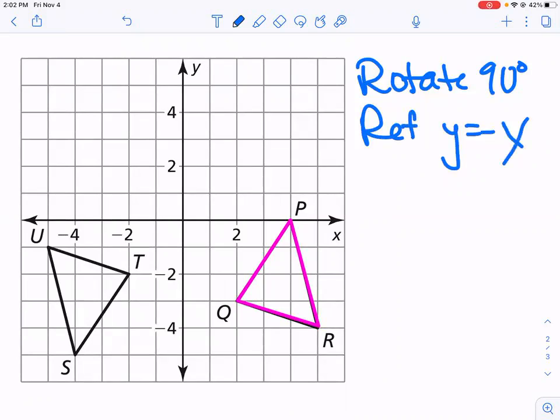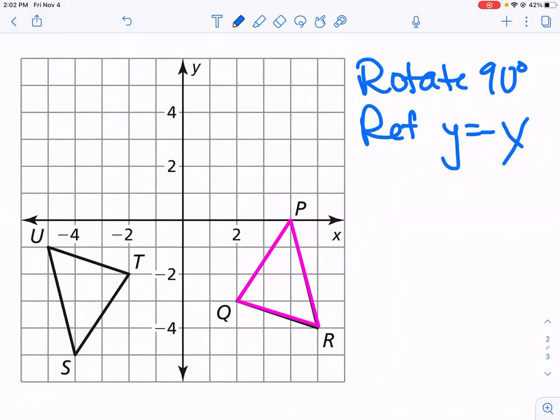Just stop talking, everybody. This is so annoying. Right in front of your face, there's a brown box. But people freaked out when I said rotate 90 degrees.